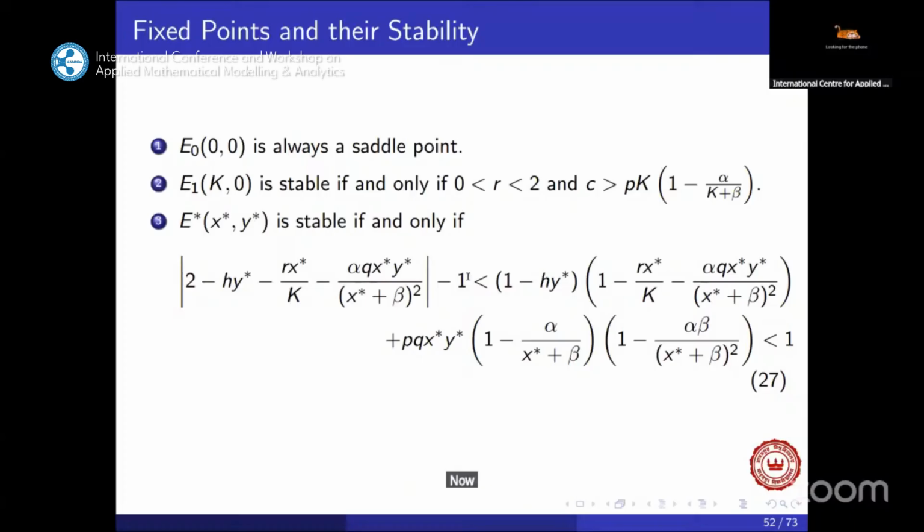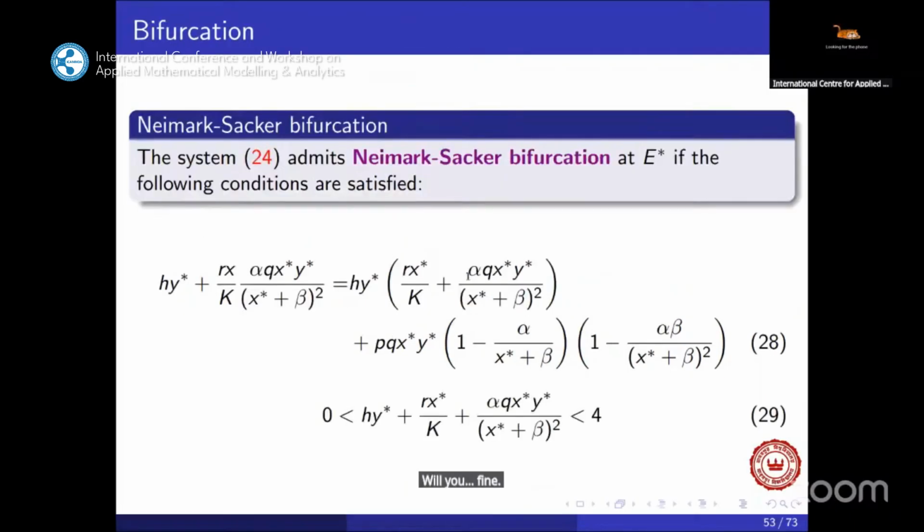Now we find the equilibrium point at which the Neimark-Sacker bifurcation conditions are satisfied. In continuous model systems, we also find bifurcation theory, and here another theory is the Neimark-Sacker bifurcation.